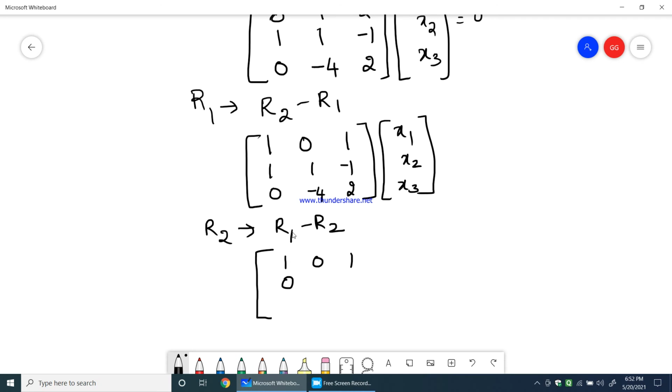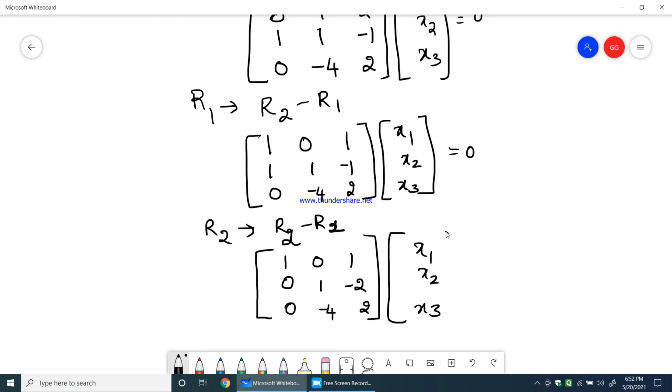So I'll just say R2 minus R1. Okay, so R2 minus R1. So it is 1 minus 0 is 1, minus 1 minus 1 is minus 2, 0 minus 4 and 2, which is into x1, x2, x3 equals 0.